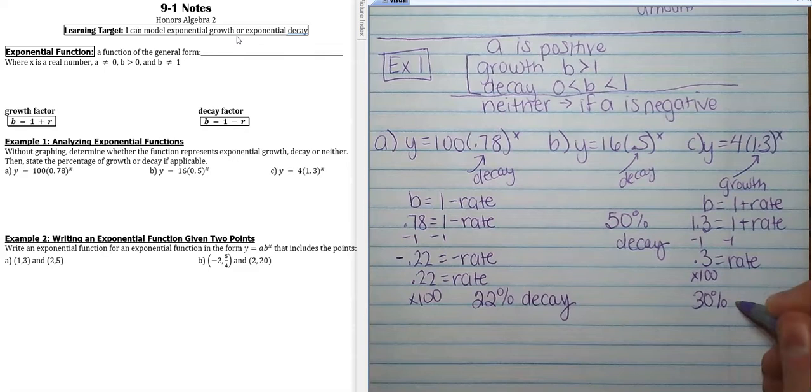That's a 30% growth. And then the other way, again, you don't have to go through that process. You can look at this, whatever it is over 1, so this is 0.3 over the 1, just multiply that by 100 and that'll give you the 30% growth.